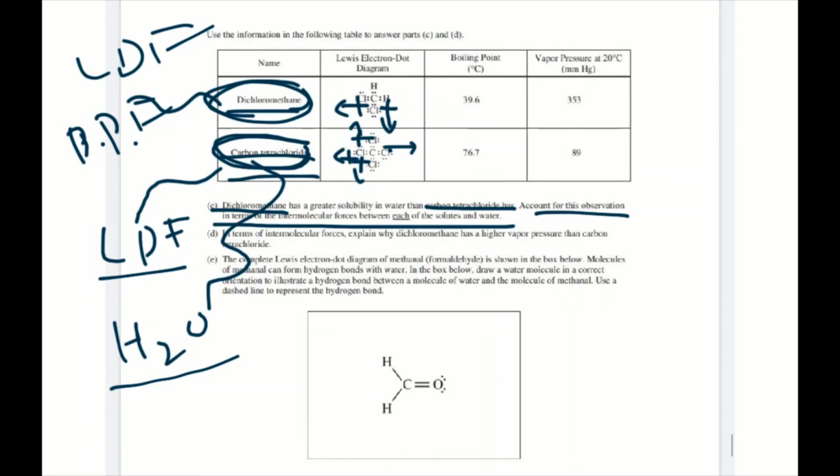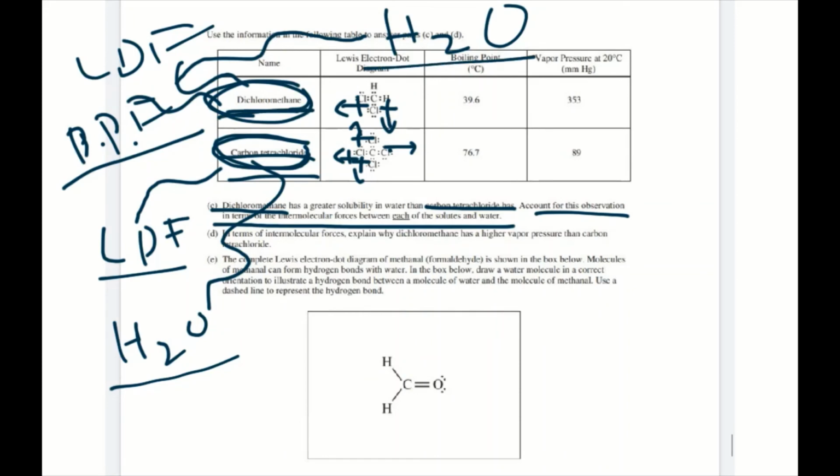Now what about dichloromethane? Dichloromethane can form dipole-dipole forces with water molecules. So let me just put the link there. And these two can form dipole-dipole forces. And these dipole-dipole forces between water and dichloromethane are strong enough sometimes to release enough energy to counteract the loss of energy absorbed when breaking the hydrogen bonds between the water.